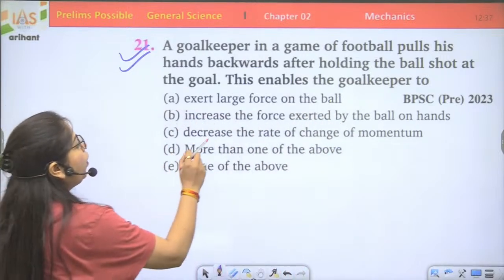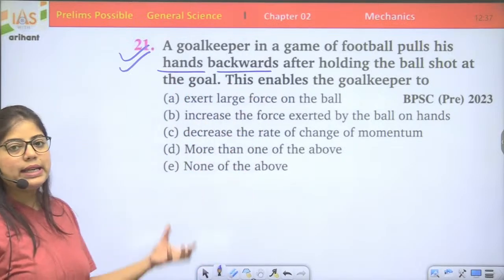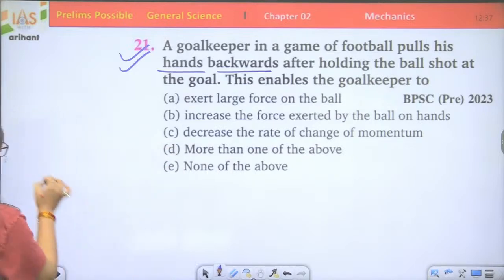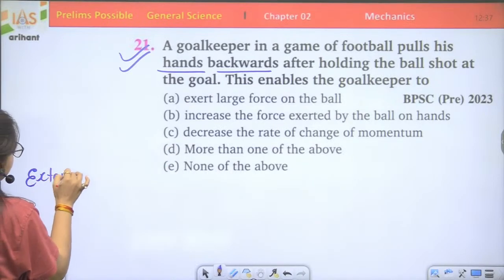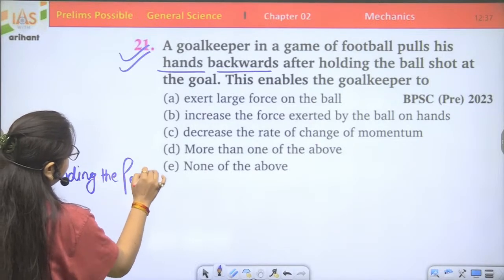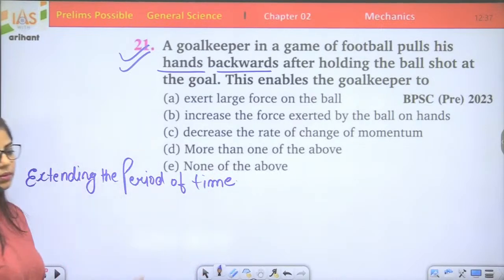If a goalkeeper pulls his hands backward, what he is actually doing is extending the period of time. Why?